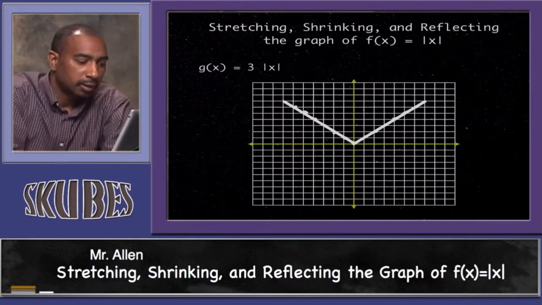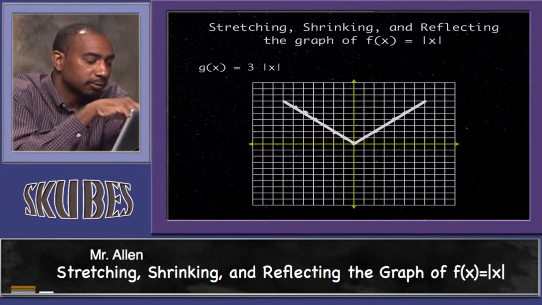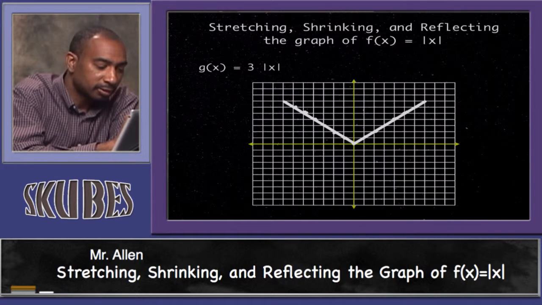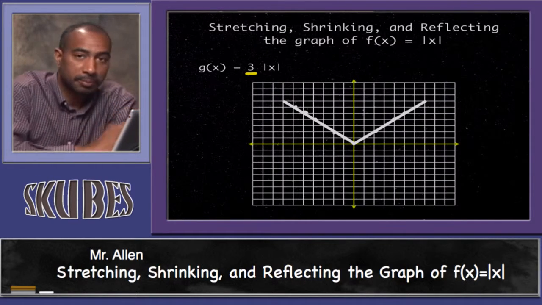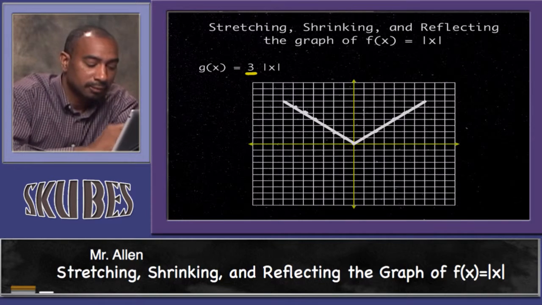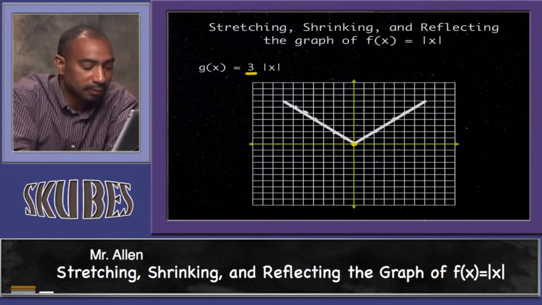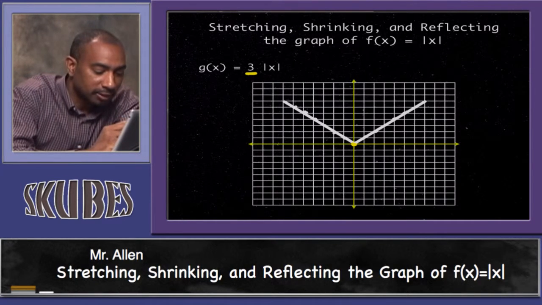All right, let's look at the graph of g of x equals 3 times absolute value of x. Now we have a constant of 3, so we're going to plot the points that we had in the chart. When x is 0, y is 0, so that point stays the same. When x is 1, y is going to be 3, so I go up 1, 2, 3.